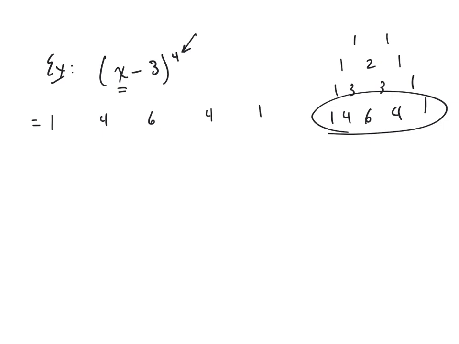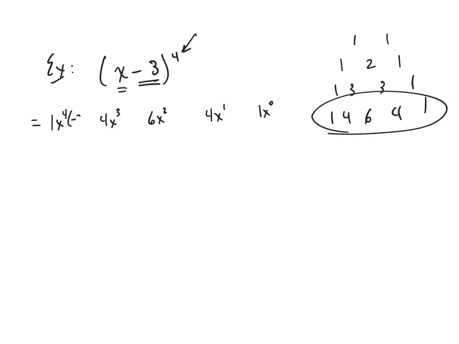We start with the first term, x, raised to the 4th power. And then as we go term to term, those just go down. So x to the 4th, to the 3rd, to the 2nd, to the 1st, and if you want to include that, x to the 0. Now here's where it changes. The second term, when it's a negative in the middle, we don't just think of it as being 3. We have to think of the second term as being negative 3.